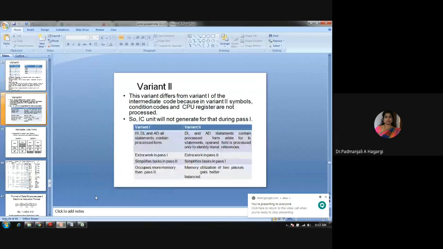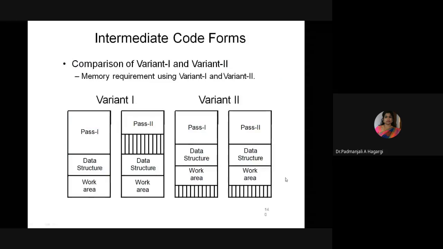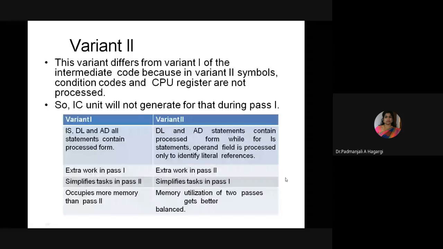In variant 2, the difference from variant 1 of the intermediate code is that symbols and condition codes are there, and the CPU registers are not processed here. So let us look at variant 1 and variant 2 separately, because it may be hard to remember.